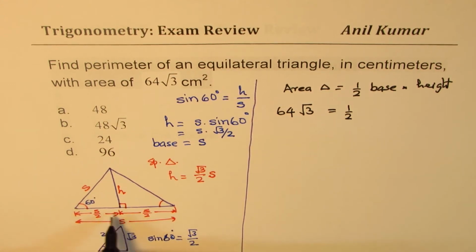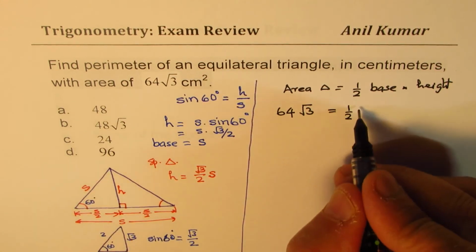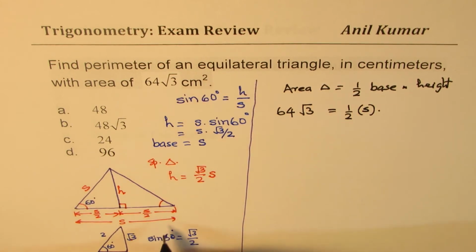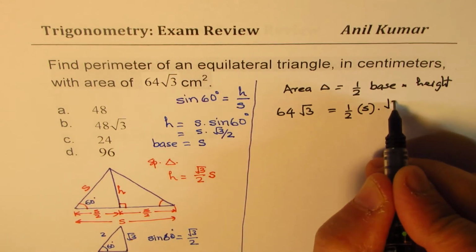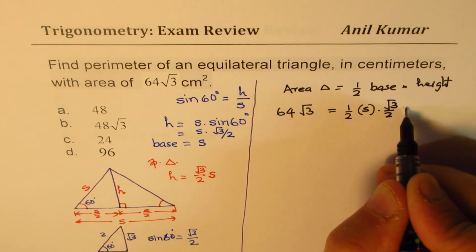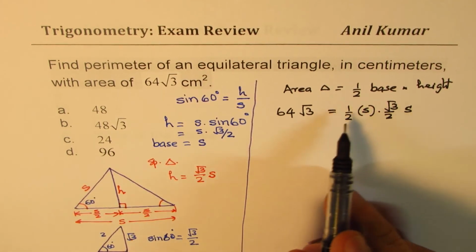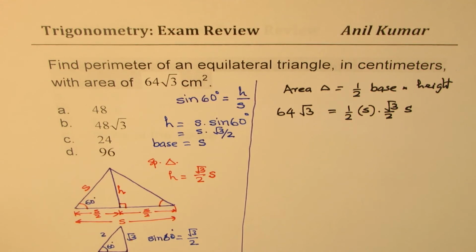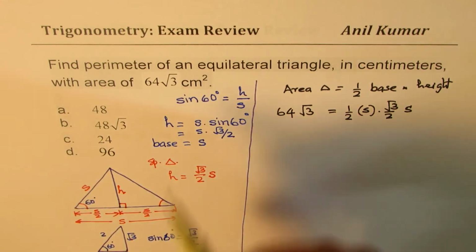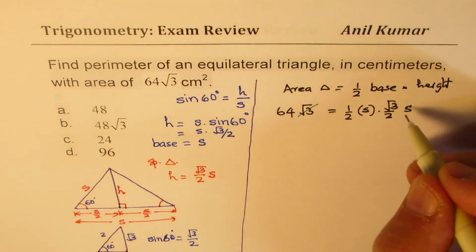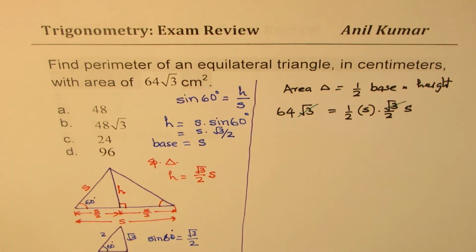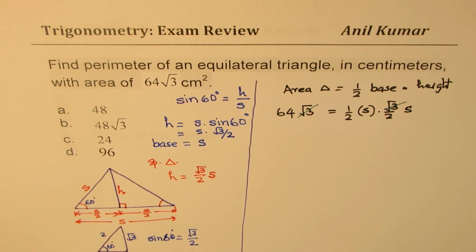The base for us is S, the total length, and the height we just found is square root 3 over 2 times S. Now we can simplify this. The idea of having square root 3 is very clear. We don't want to work with those radicals, and we want to solve this question without using a calculator.